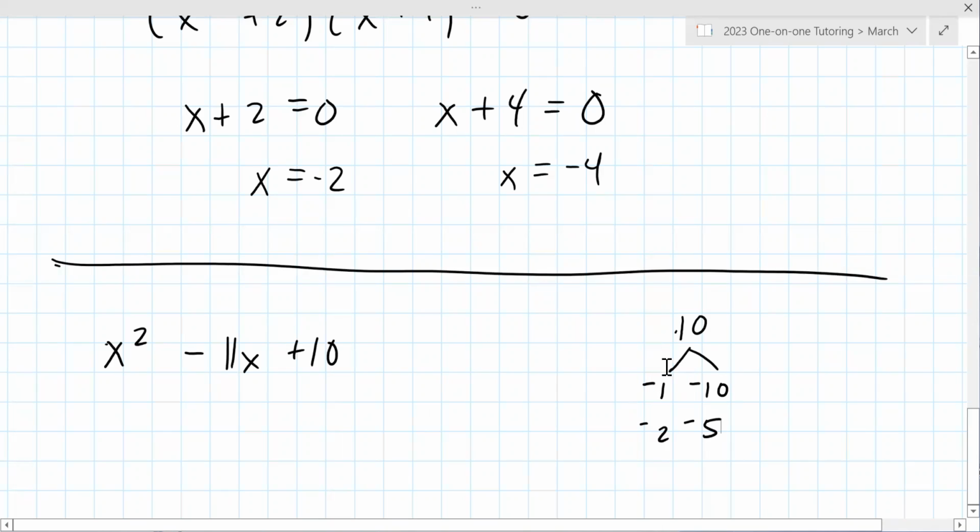So you can just change it to negative if it still works, because -1 times -10 is 10, -2 times -5 is 10. And then it would be x minus 1, x minus 10.